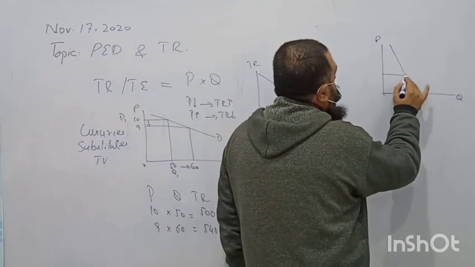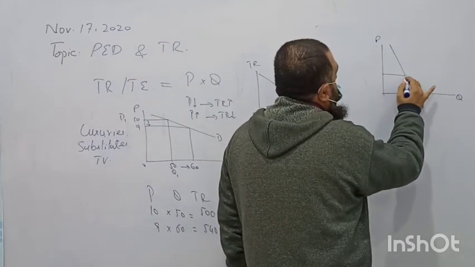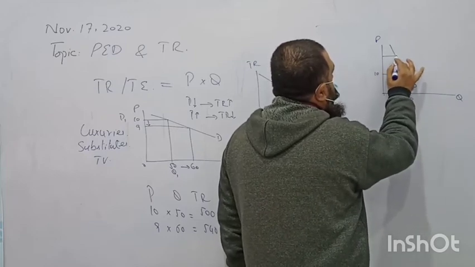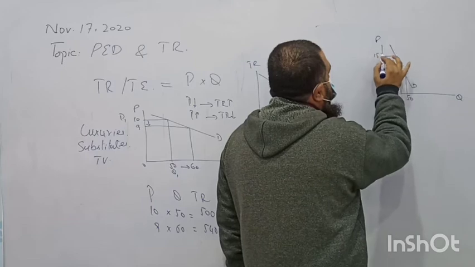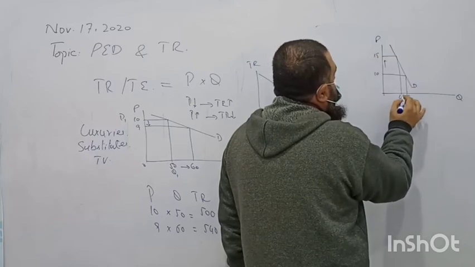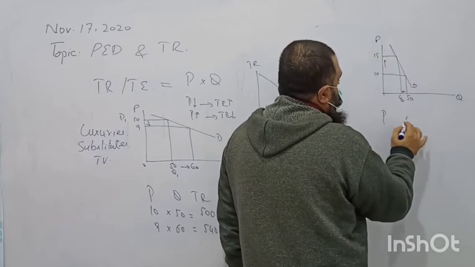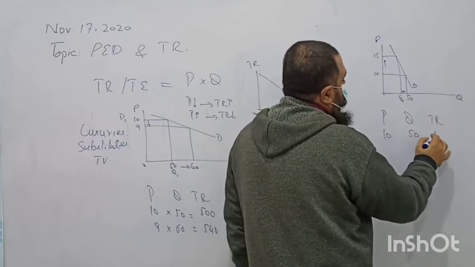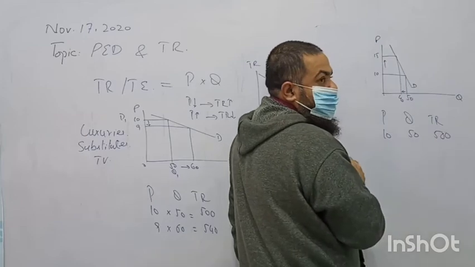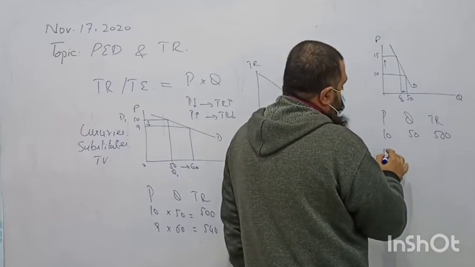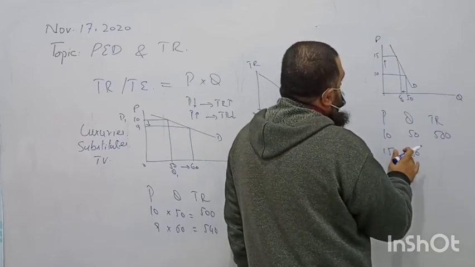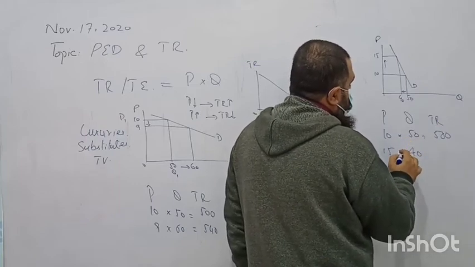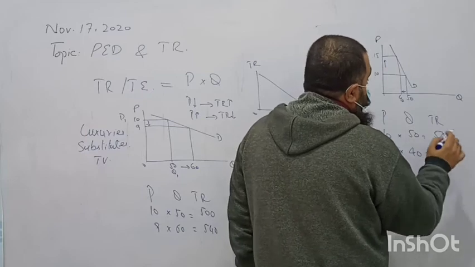Previously we said at price 10, 50 units were demanded. Now price goes to 15 and 40 units are demanded. Now what is price, quantity and total revenue? At price 10, 50 units were demanded, 500 was revenue. Now at price 15, 40 units are demanded, so it is now 600.